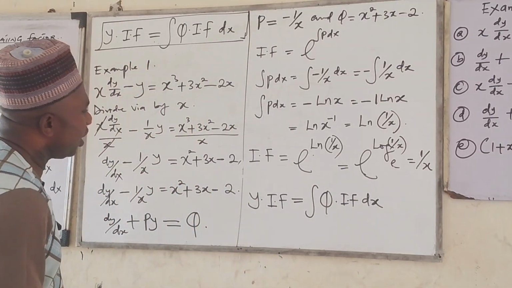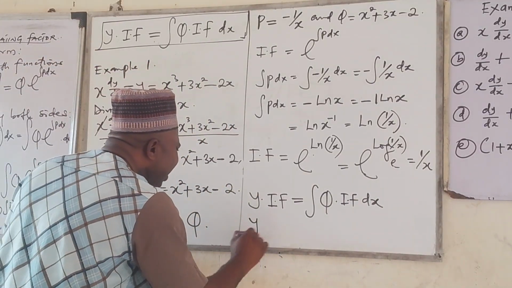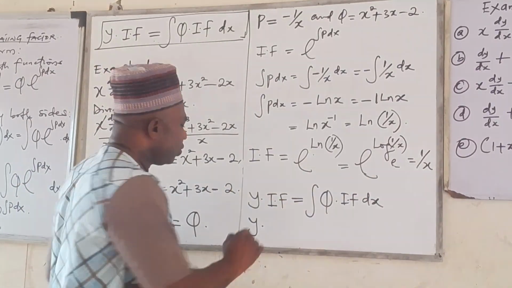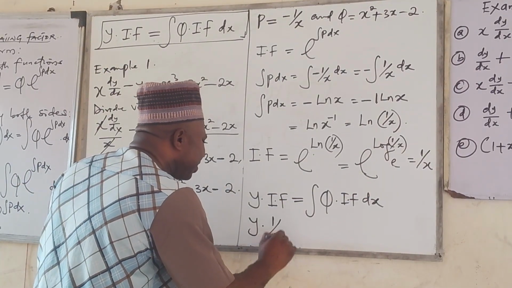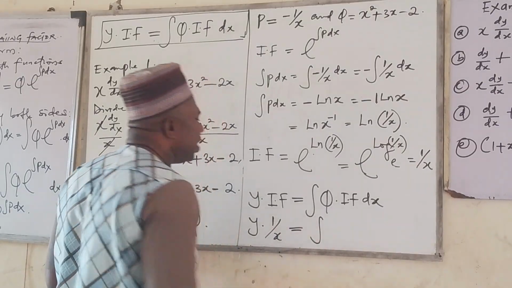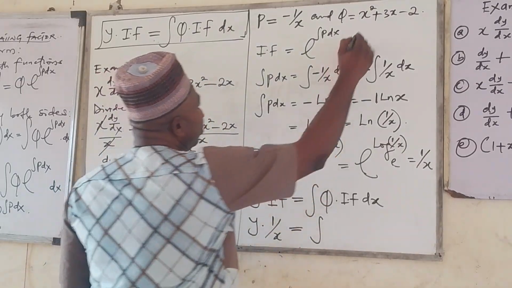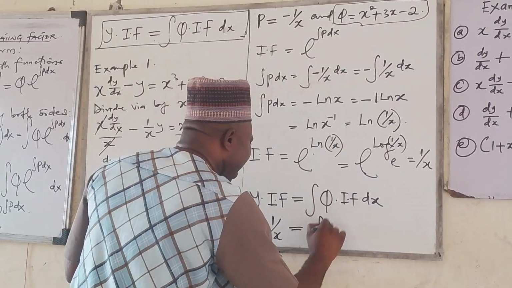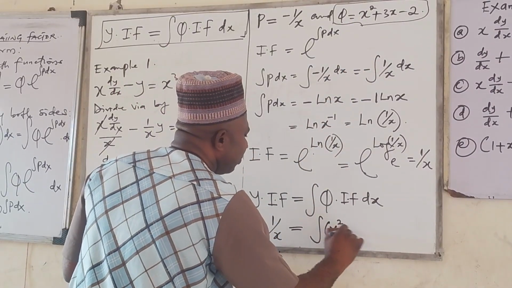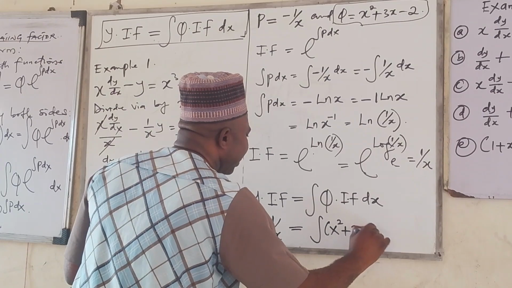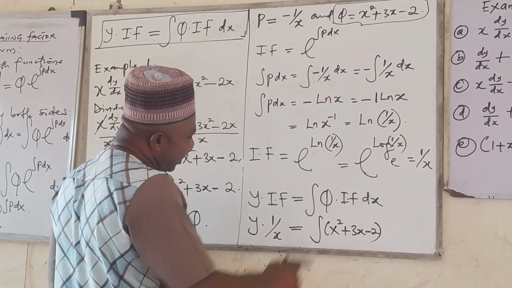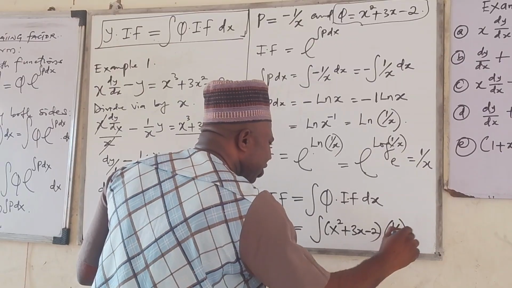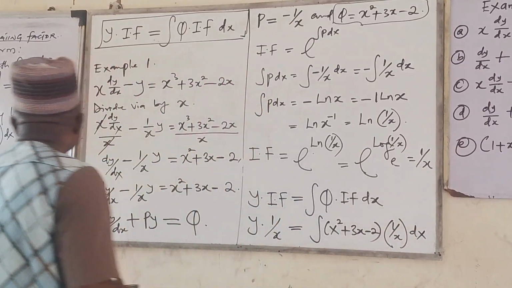It therefore means that here we have y times the integrating factor, which is 1 over x, is equal to the integral of the value of our q, which is x squared plus 3x minus 2, times the integrating factor 1 all over x, then dx.